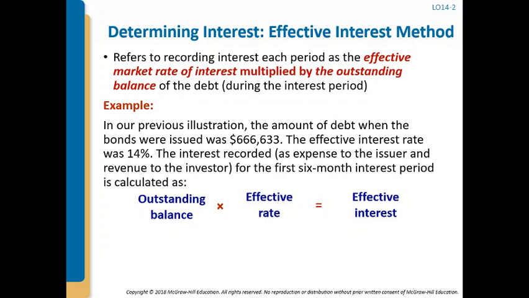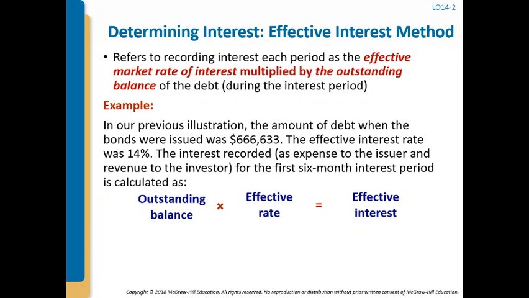You can use what's called the effective interest method, which you see on page 777 in illustration 14-6, where you're simply going to take the outstanding balance at the time of the calculation to figure out the discount on bond payable that will be the amount of the credit.